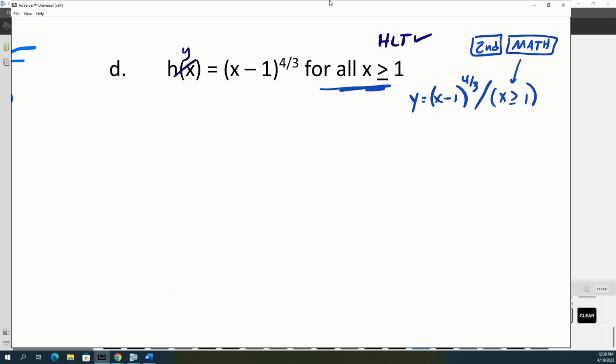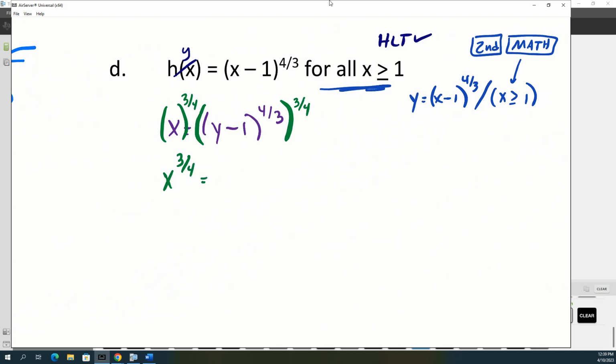All right, so we'll go ahead and switch x and y. And then we're going to solve for y. And again, it's been a long time since we've solved equations like this. But if we want to get rid of a power of 4/3, we're going to raise to the reciprocal. We're going to raise to the 3/4. Right?